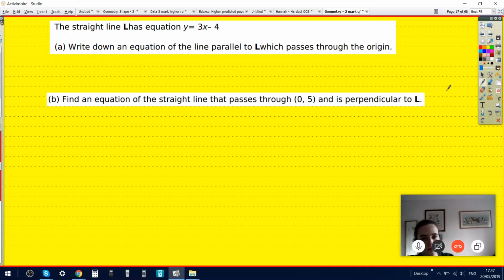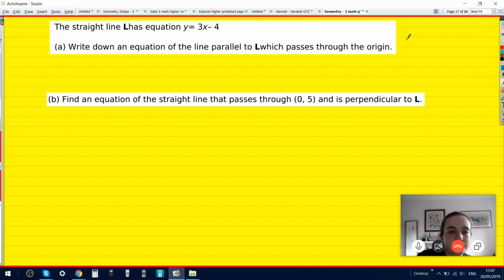How about these two? Y equals 3x minus 0.